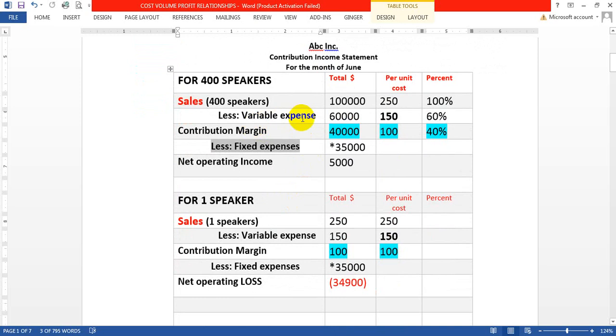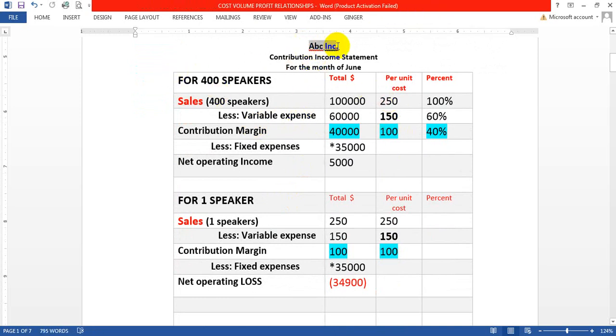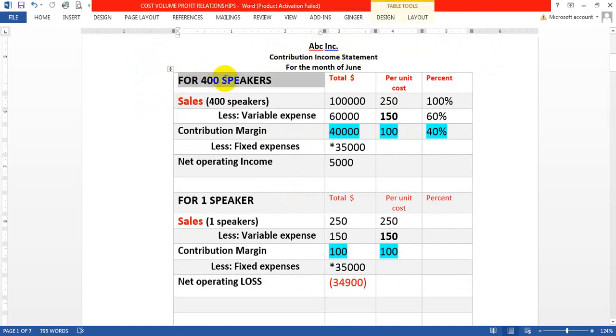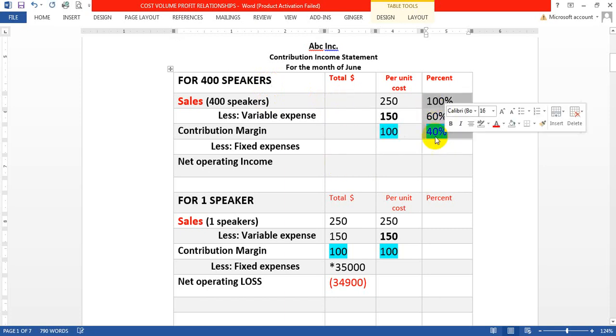Now here we take the example: the ABC Incorporation, the ABC company, and the contribution income statement for the month of June. The speakers sold are 400, meaning the company is selling 400 speakers. I am not writing the total cost and other things here; I just know the per unit cost.